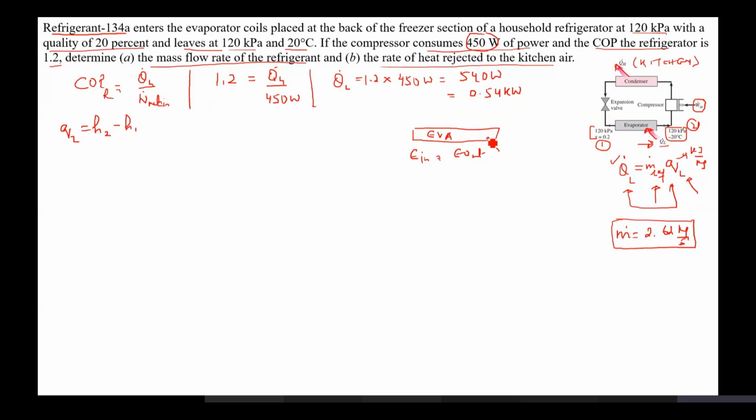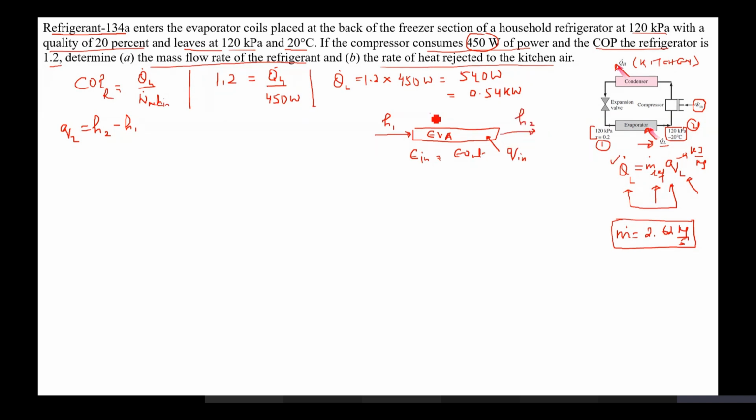No work is coming into the system, heat is coming into the system. It has Q in, and there is a refrigerant moving into the system with an enthalpy of H1, and a refrigerant moving out of the system with the enthalpy of H2.